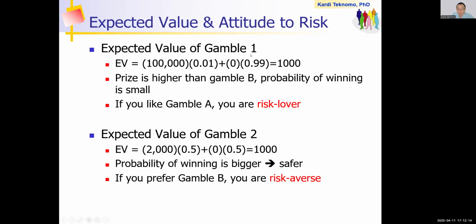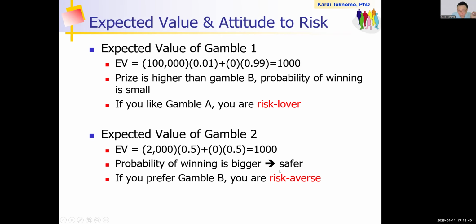If you choose gamble A, the EV is 1000, the prize is higher than gamble B, and the probability of winning is small. So if you choose A, you are a risk lover. If you choose gamble B, the same EV, the probability of winning is actually bigger.